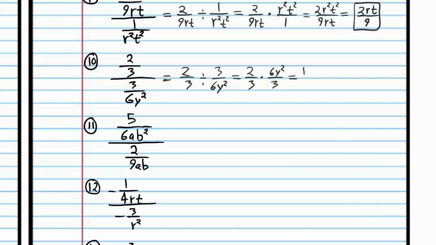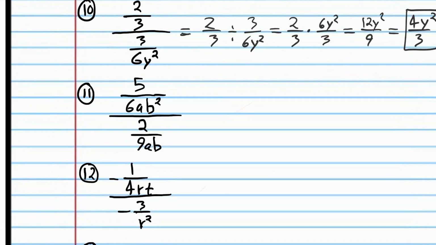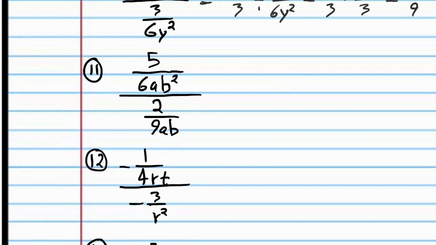Whoops, that should be 12. 12y squared over 9. Divide both sides by 3, and you get 4y squared over 3. All right, try number 11. When you come back, we'll do it together. All right, we're back.